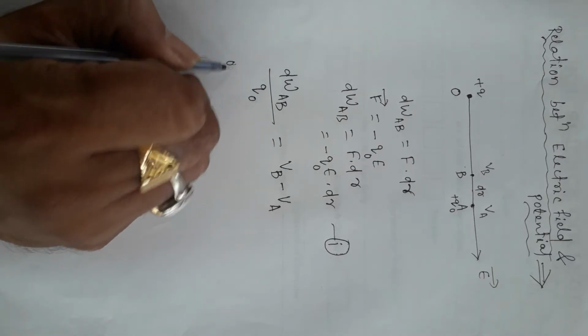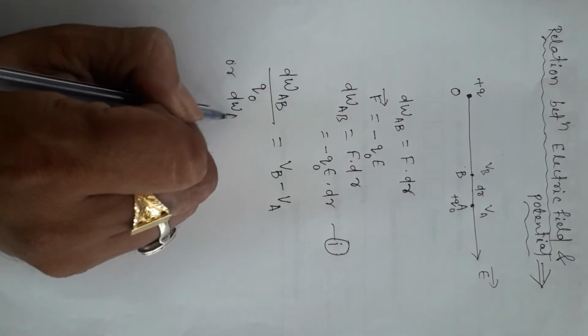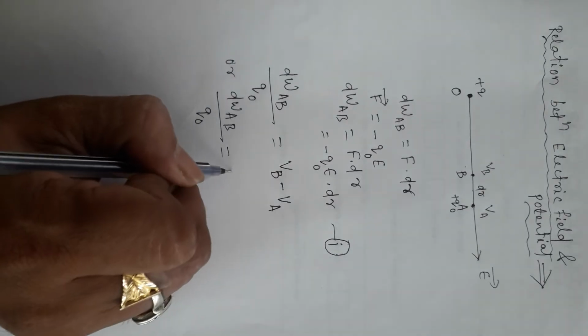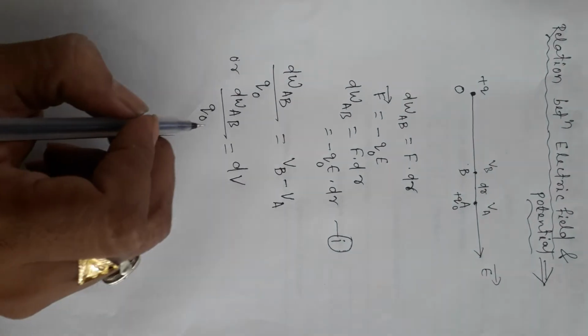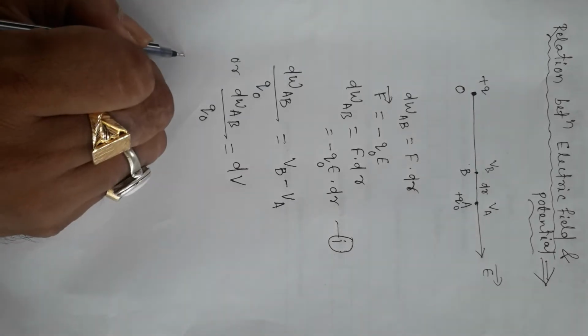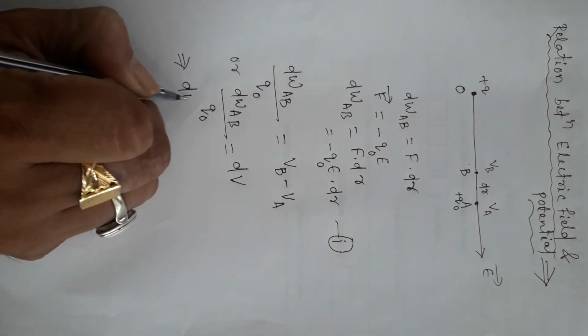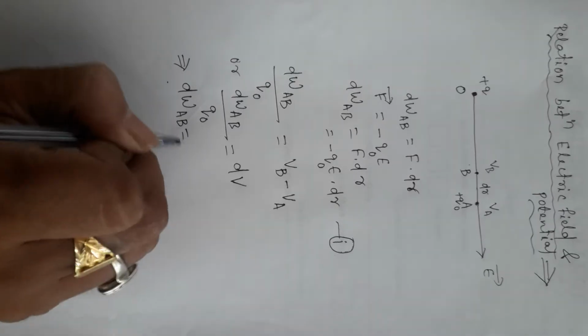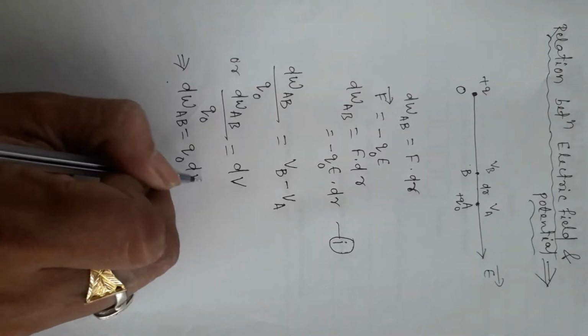We can write dW_AB divided by Q0 is equal to dV, the change in potential, which implies dW is equal to Q0 dV.